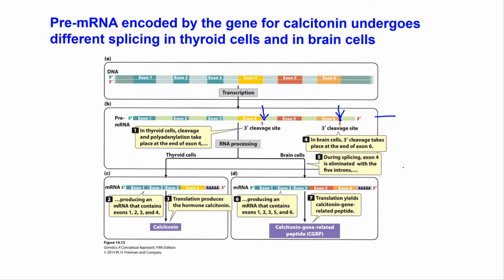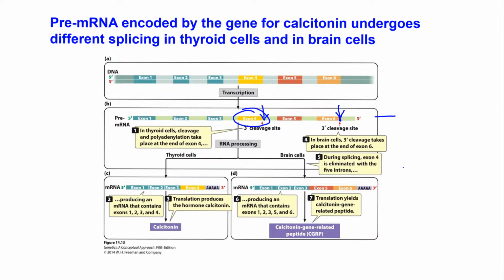By removing introns, also exon 4 is removed, and the final mRNA contains exon 1, 2, 3, 5, and 6. And this mRNA gives rise to calcitonin gene-related peptide, or CGRP, which is involved in transmission of pain and can also regulate contraction of the blood vessels.